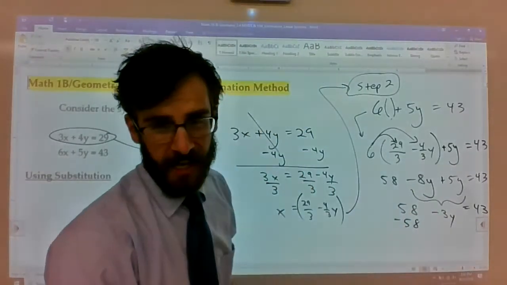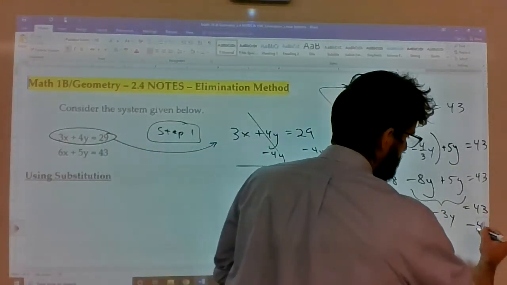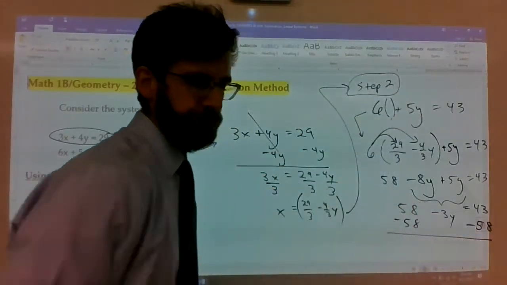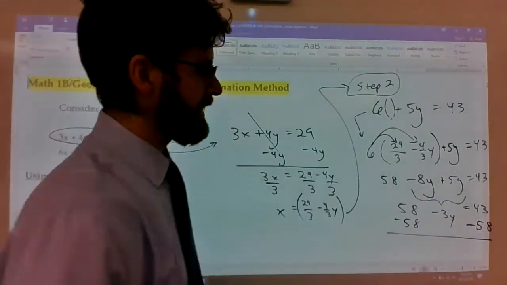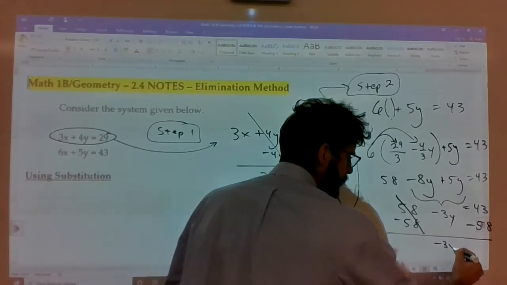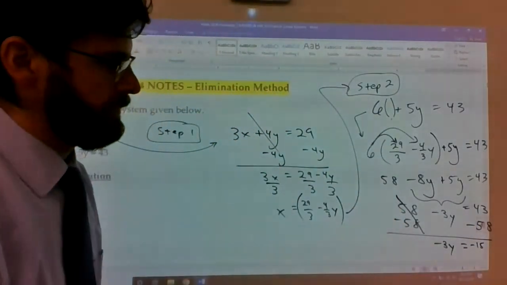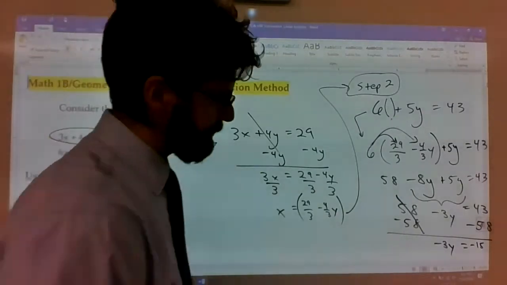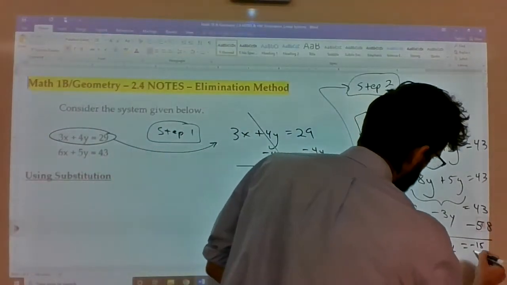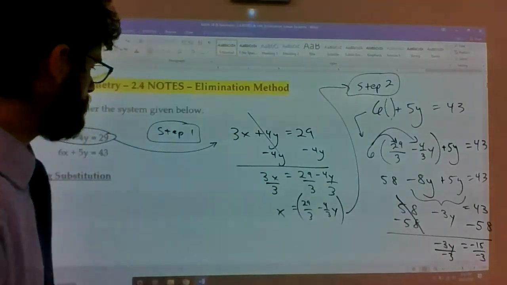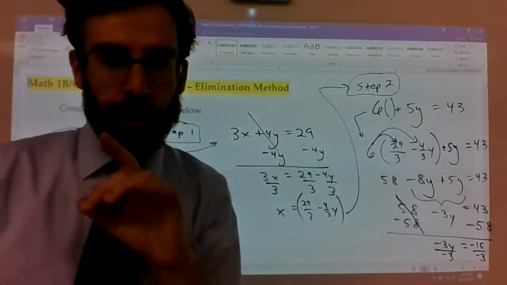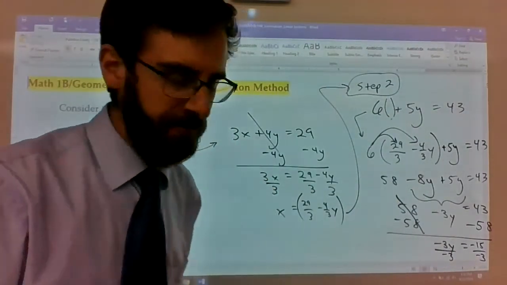So I'm going to subtract 58 from both sides. Zero minus 3y is equal to negative 15. Divide both parts by negative 3. And you get y equals positive 5.